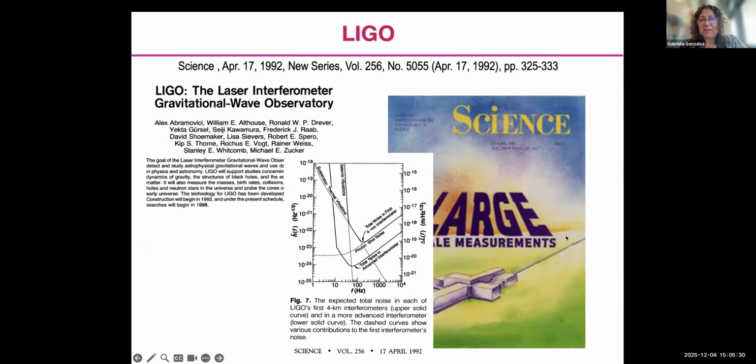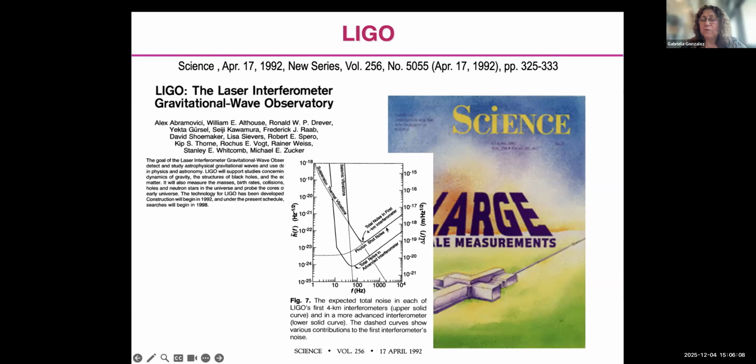But again, I want to give you a historical perspective. This project, the first signal we had was in 2015, but that was a long time after the effort began. This was one of the first papers on LIGO in Science presenting the LIGO project. And I'll show you a figure from there that has the estimated noise that these detectors would have, not just 3 detectors, 2 in Hanford, 1 in Livingston, but also future detectors.